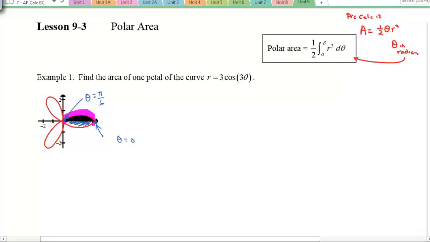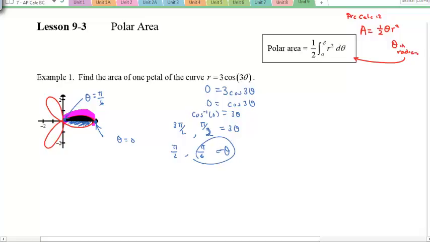Well, at that point r equals 0, so you could have just done this: 0 equals cos 3 theta. Inverse cos of 0 is pi over 2, and also 3 pi over 2. And since those both equal 3 theta, theta is pi over 6, and also pi over 2. Because I'm using pi over 6, the first one, I'll just take this answer.